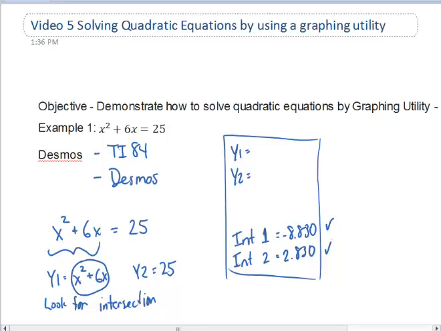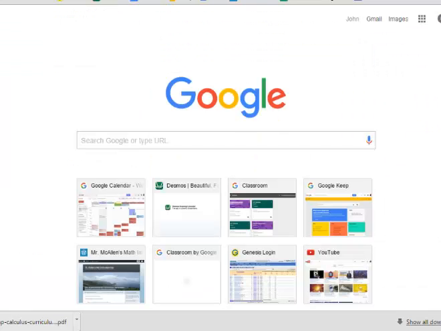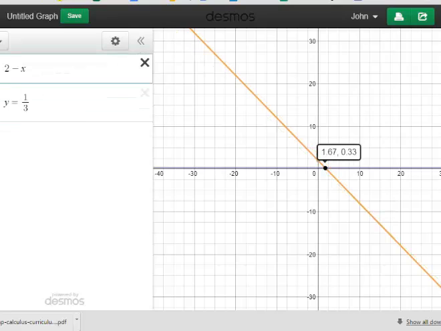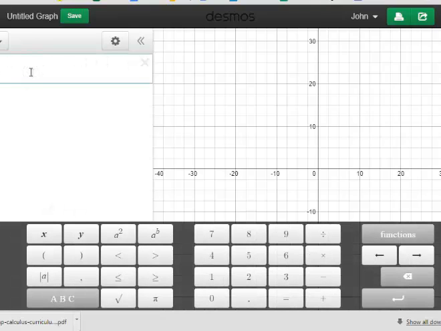2.830. And these were the two values that we found in the earlier videos using the quadratic formula and using difference of squares. But let's verify them anyway with Desmos. So we'll go to the internet, and let's go to Desmos, and I'm just going to change these functions. I'm going to use the keyboard at the bottom.